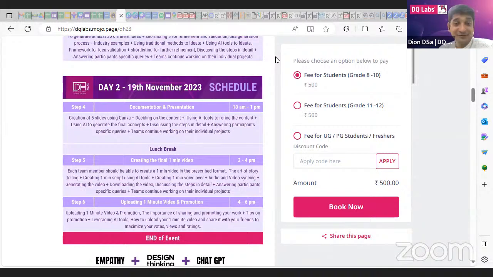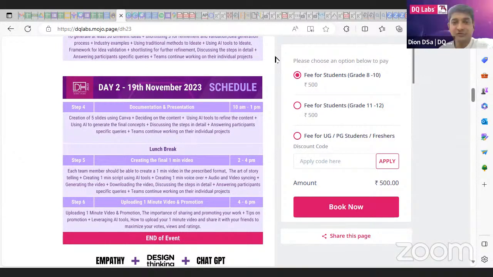Building on that, there's the next question from Sindhuja Gauru, who's saying, we have registered as a group of 5, all 11th graders. Will we be competing with the same age group? Yes, you'll be competing with the same age group of grade 11 and 12.